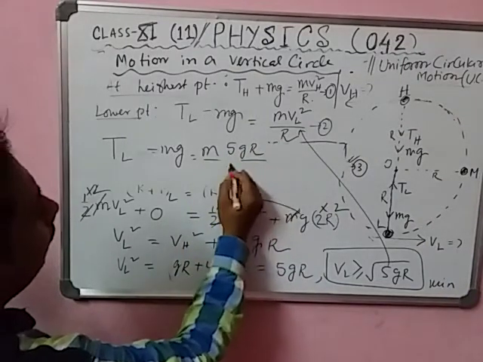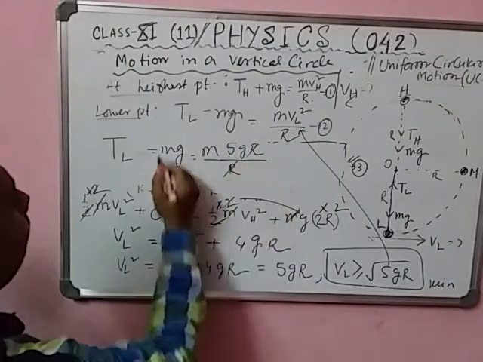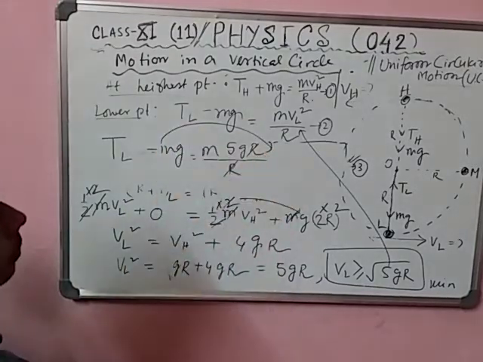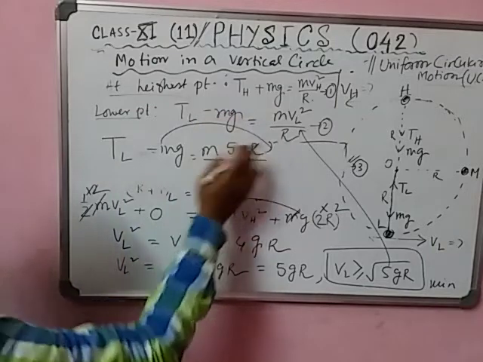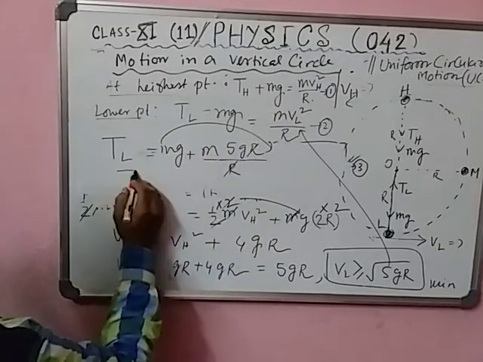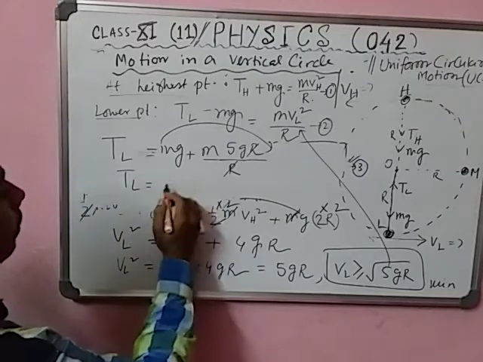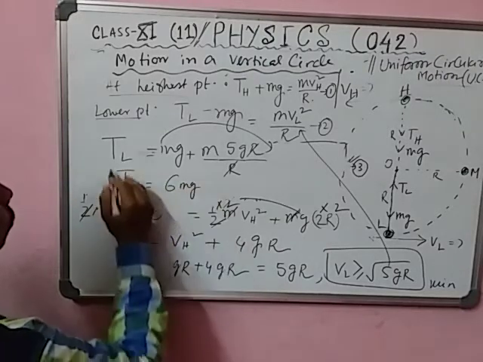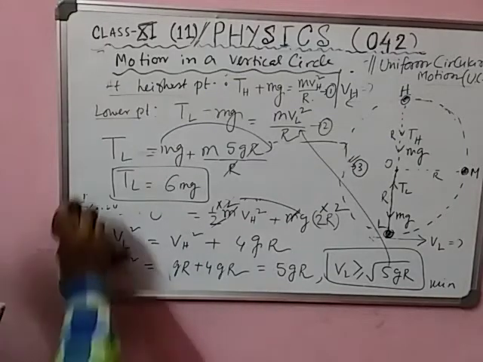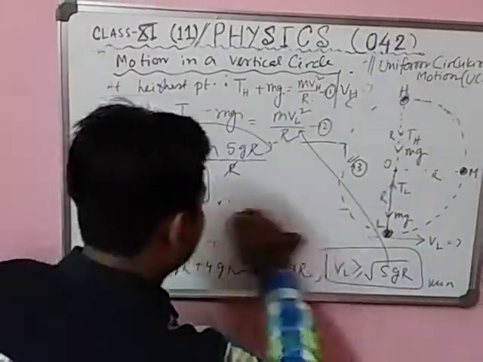5gR by R cancel. So 5 mg, you can move the mg here. So plus mg, it means TL equals 6 mg. So students, at the lower point, what will be the minimum lower point tension?